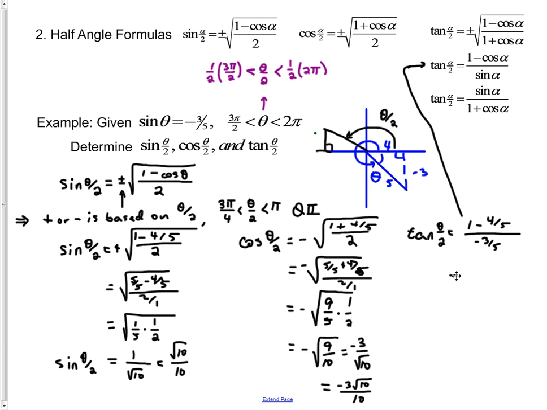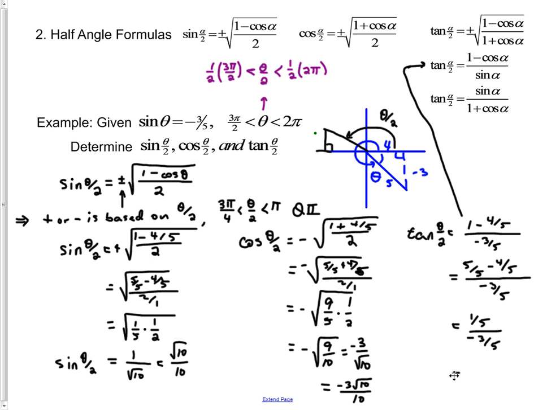All right, so working out our numbers, we've got 5/5 minus 4/5 in the numerator, and we're dividing that by negative 3/5. So working this through, we have positive 1/5 divided by negative 3/5.